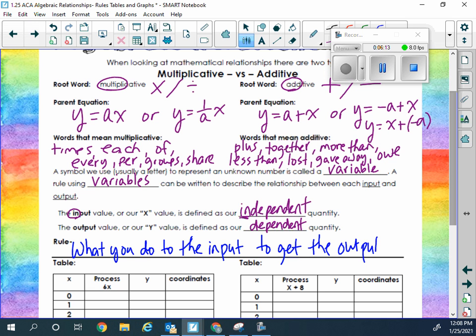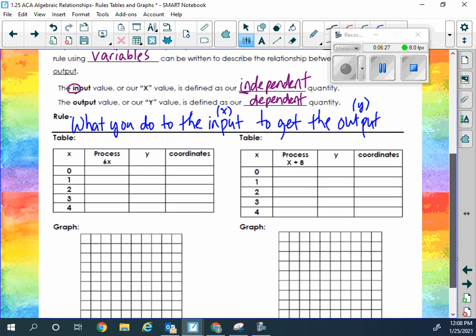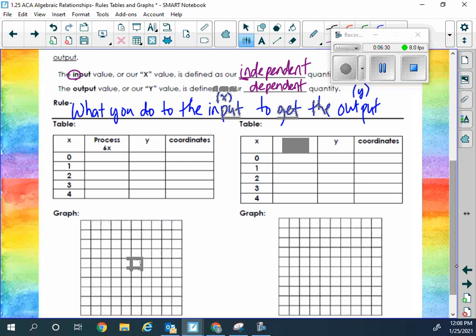Well, last week, we would say the rule was like plus 7 or times 5. That was our rule. It's what we were doing to the input, or x, to get the output, or y. Okay? If you look at this first table, they gave you the x, and you have to figure out the y and the coordinates. Notice that they use the word process. Give me another word besides process that we can put there.